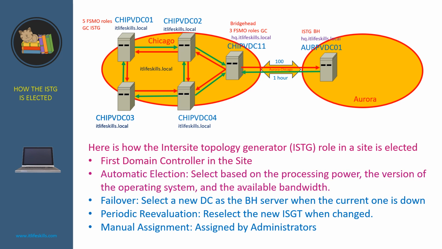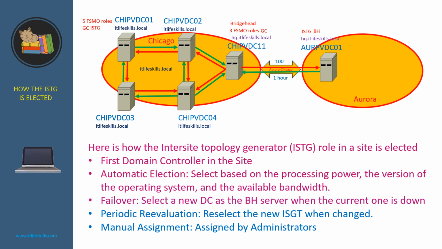If there is more than one domain controller in a site, the KCCs will elect the domain controller with the highest outbound replication capacity to serve as the ISTG. The KCC will consider factors such as the processing power, the version of the operating system, and the available bandwidth.